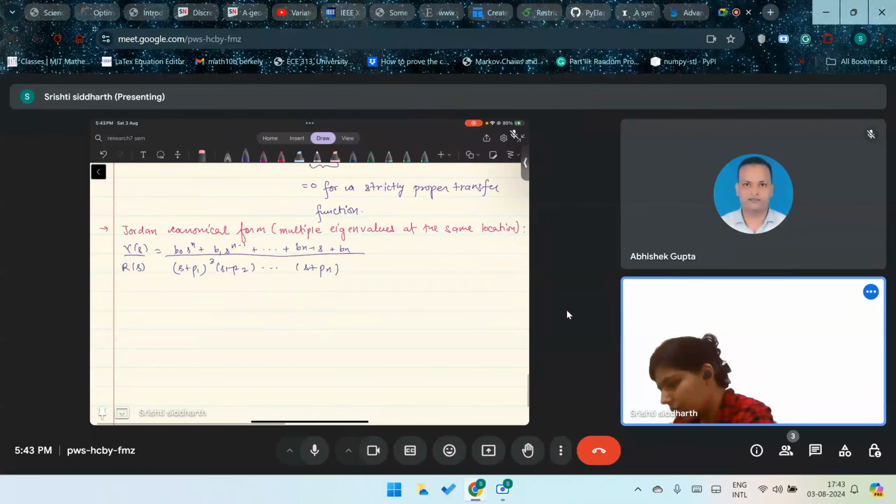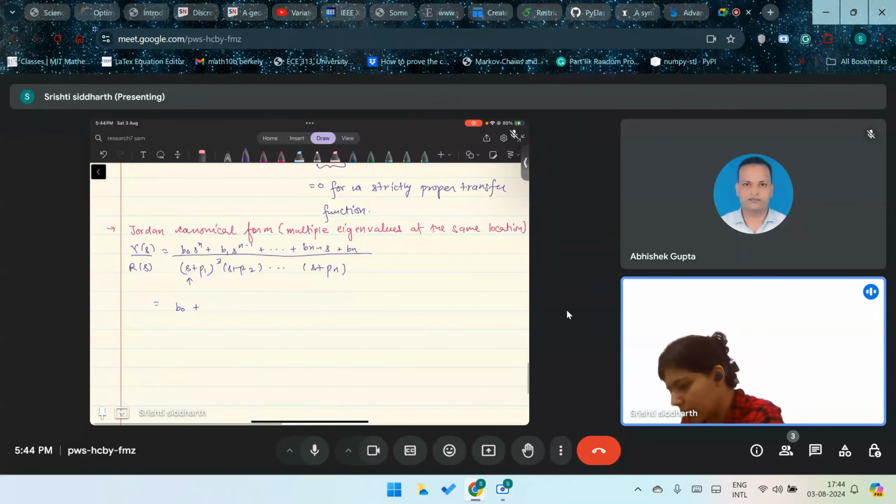Okay. So we have seen how to expand this using partial fraction expansion. So let's see v0. If it's not 0, then we would have C11 upon s plus p1, plus another, let's just write C12 and C13. So this is for the first eigenvalue, plus C2 upon s plus p2, all up to Cn upon s plus pn.